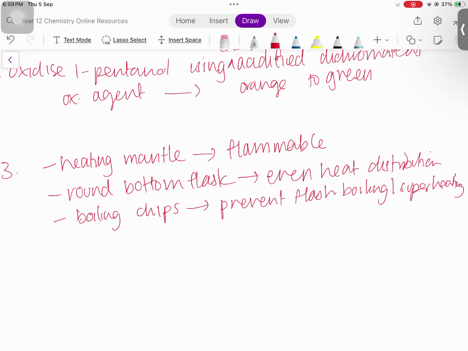There's reflux, but there was one more. Oh, the concentrated H2SO4. So concentrated H2SO4 catalyst. And then lastly is the reflux, which you want to talk about the most.